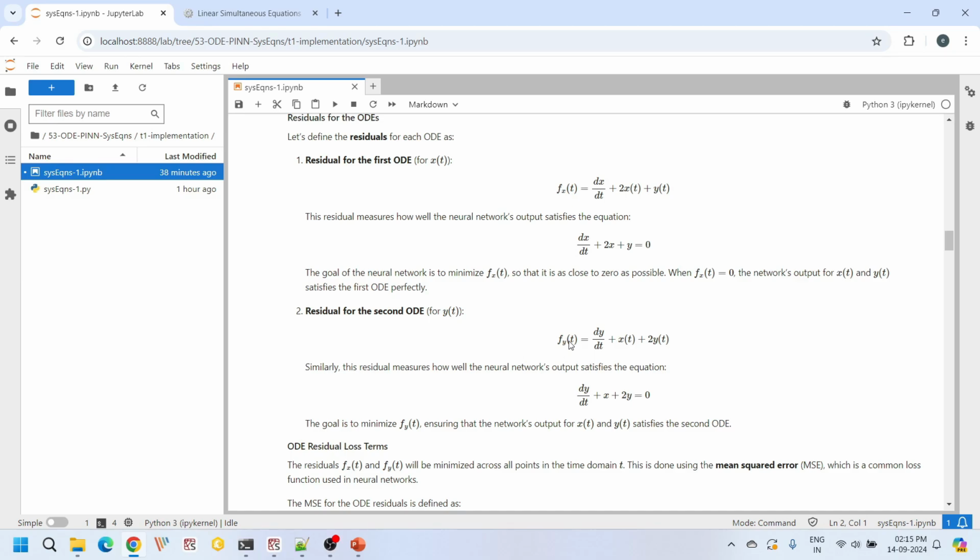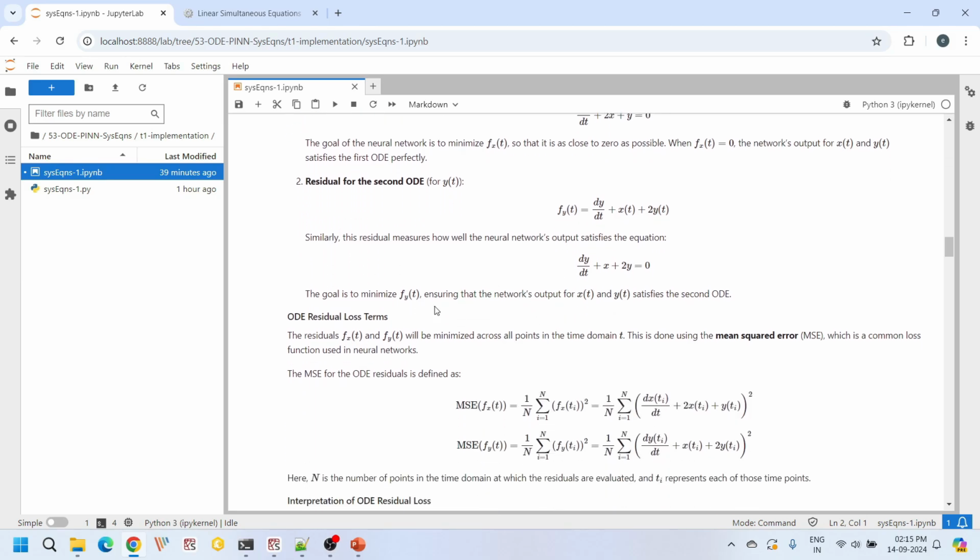As I said, the goal is to make this fx of t, fy of t as close as possible to 0. We are interested in directly making it 0, but getting a 0 is computationally very expensive. So something near to 0 is sufficient for most practical purposes. And these two equations, fx of t and fy of t, are the residuals from the ODEs.